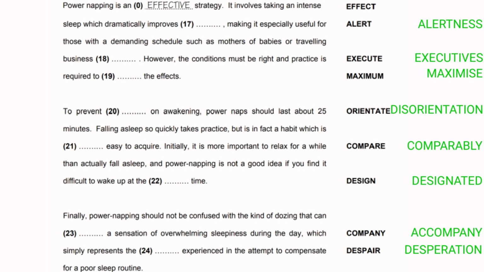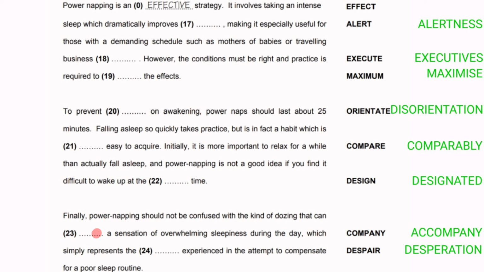So moving on to gap 22, power napping is not a good idea if you find it difficult to wake up at the time. Well, we need to say what time, so we need to give it an adjective or make a noun phrase here, because the time doesn't make any sense. So we have to call it the designated time, the time that has been designated to wake up.